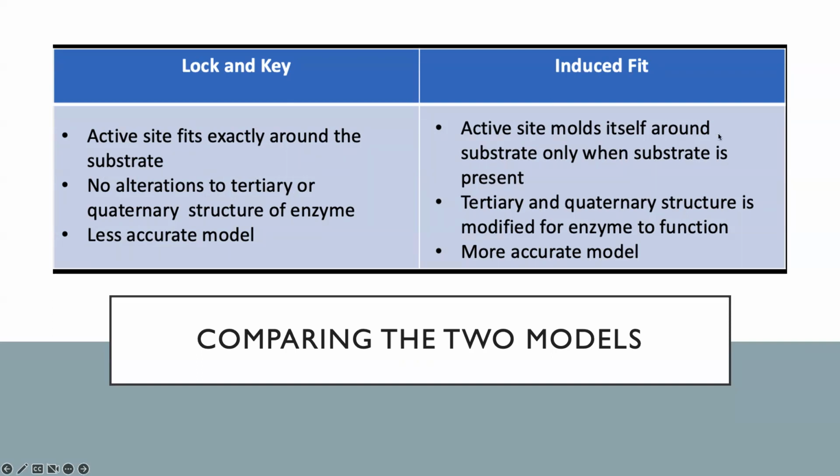But for induced fit, the active site is going to actually mold itself around the substrate, and that's only when the substrate is present. The structure is going to be modified a little bit for that enzyme to function, and it is a more accurate model of how enzymes actually bind their substrates.